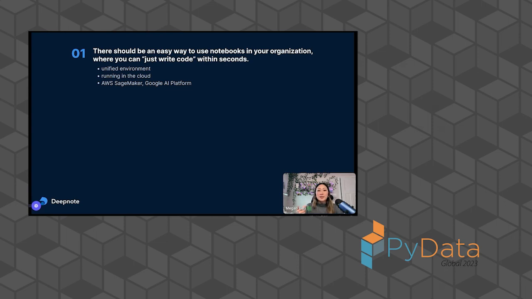But this is not a good practice when the company needs to scale. And so when you turn to cloud-based notebooks, those individual setups are prepared for scalability. Some good examples of cloud-based notebook platforms are AWS SageMaker and the Google AI platform.